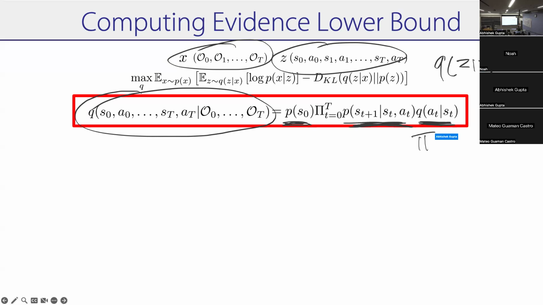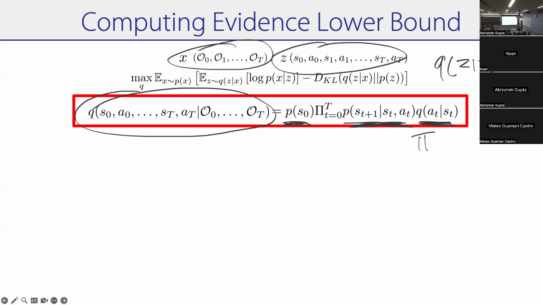What does that entail? What is another form of Q? That's a good question. Another form of Q is just like a big neural net, which takes in O0 to T and outputs the mean and variance over states and actions, right? So it's a probability distribution. And in any probability distribution, there are certain parameters you can vary, right?